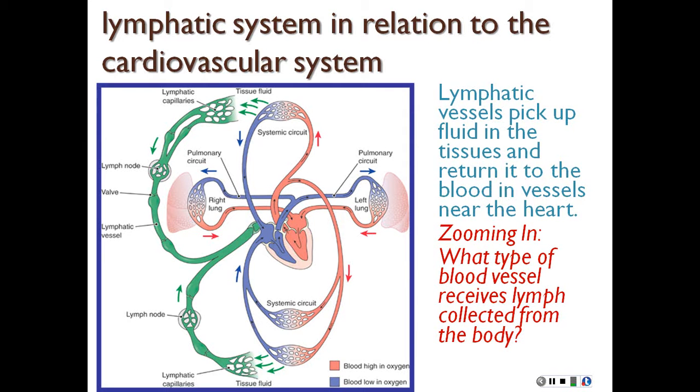So all of the lymphatic vessels end up sending that fluid back to the circulatory system by dumping it into the subclavian veins. So you have a right subclavian and left subclavian, and the fluid enters the circulatory system there. Okay, so hopefully you understand now how the lymphatic system is responsible for what?